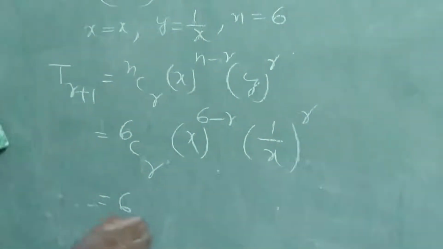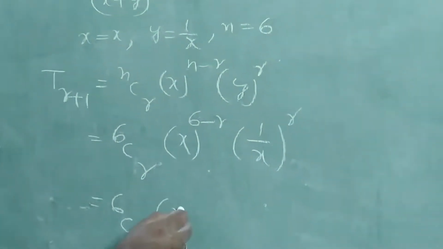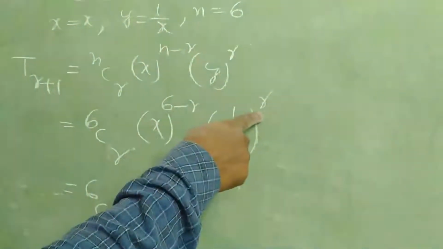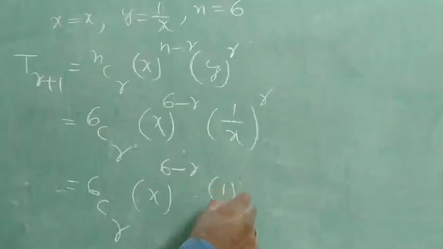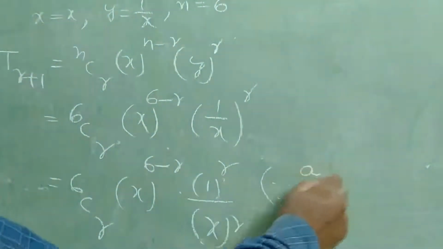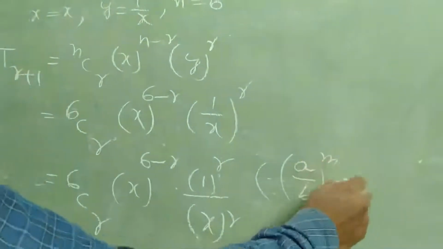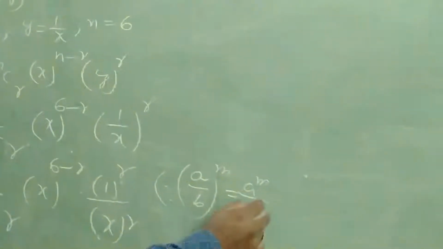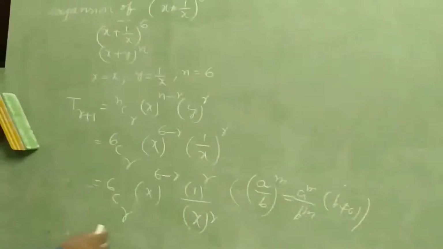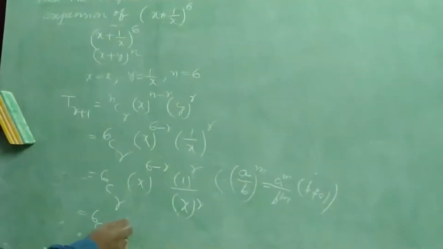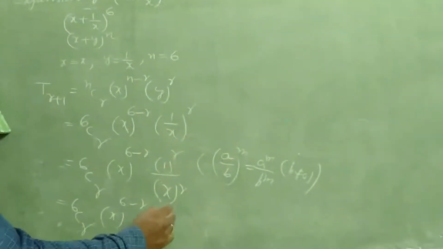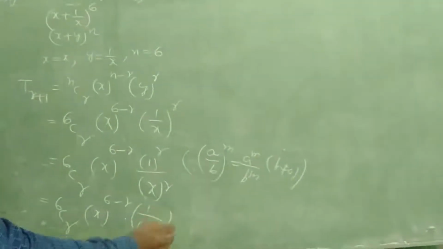So that is equal to 6Cr, x to the power of 6 minus r. Now what is the value of 1 by x whole to the power of r? It can be written as 1 to the power of r by x to the power of r, according to a by b whole to the power of m equals a to the power of m by b to the power of m, where b is not equal to 0. So that is equal to 6Cr, x to the power of 6 minus r, 1 to the power of r, again 1 by x to the power of r.